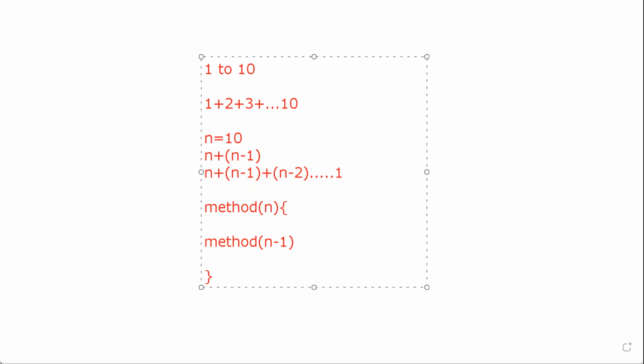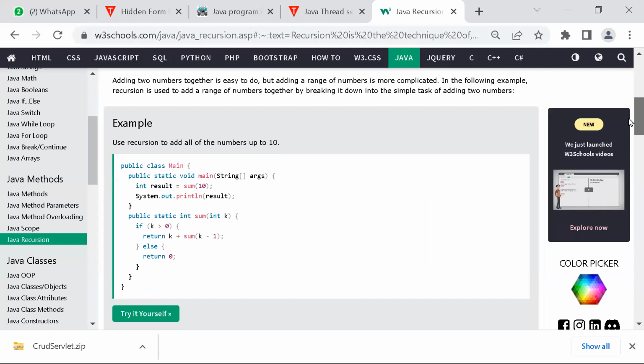Just to try, I will share my screen. See, in this piece of code, what they are doing is trying to add the range of numbers. So here, sum is a method and sum is getting repeated by itself. The same program which I explained, they have repeated it.